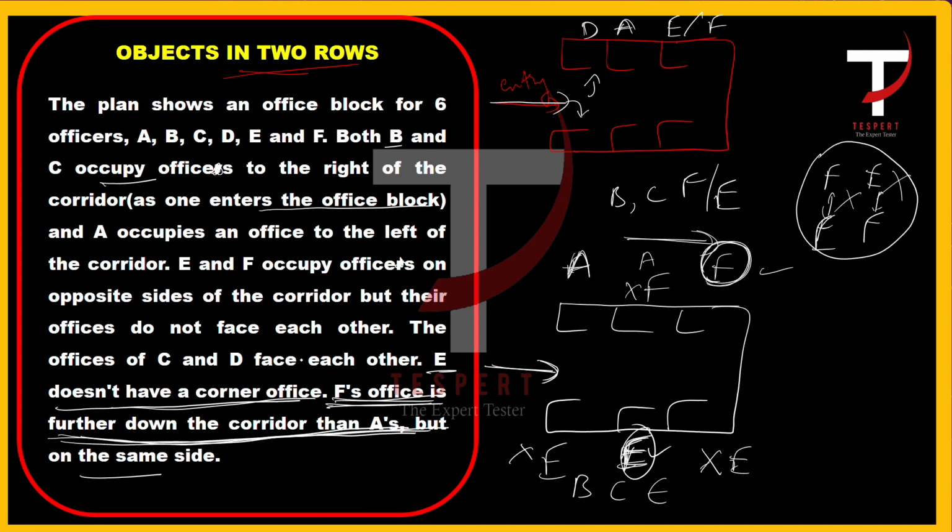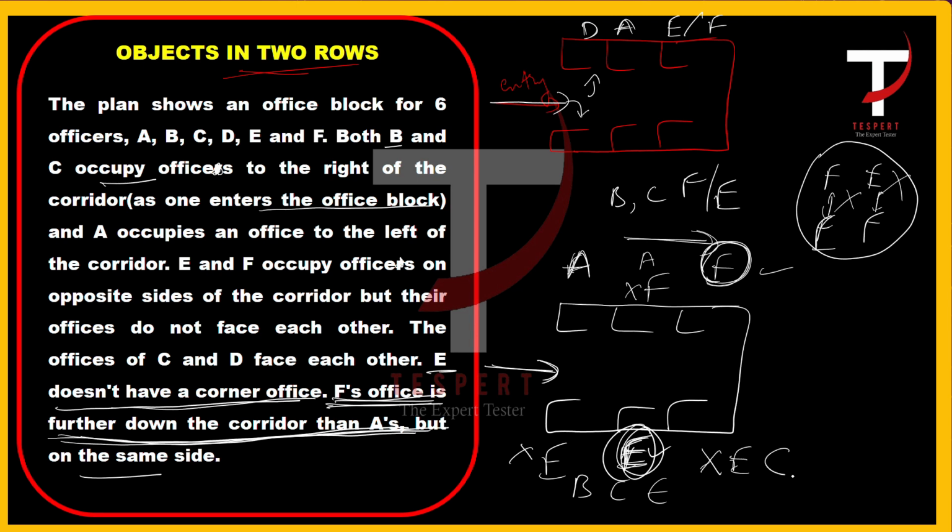Still, what is given? The offices of C and D face each other. So here E is already there, and here F is there.